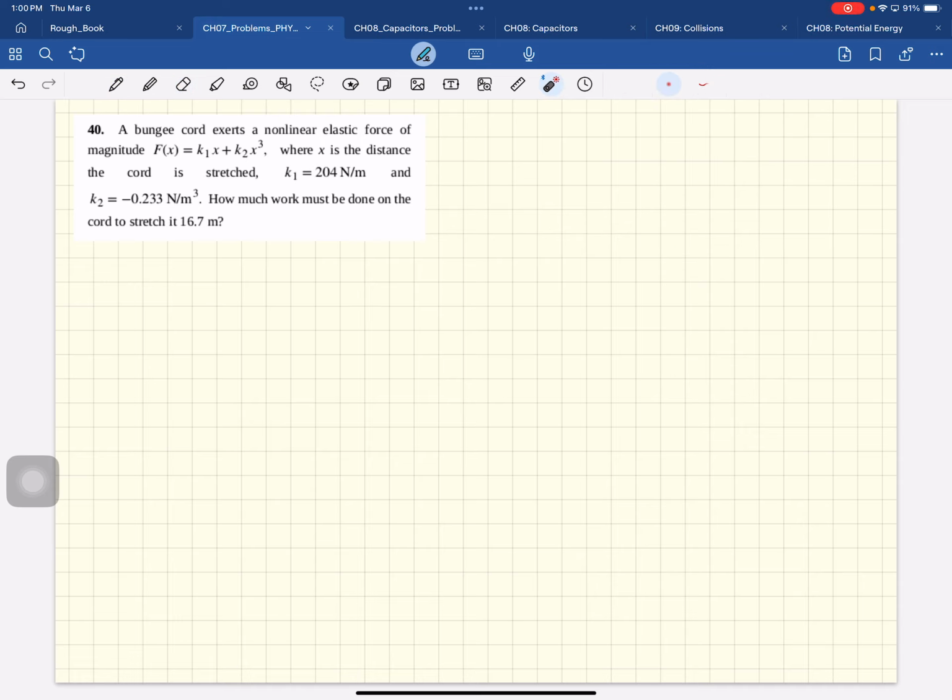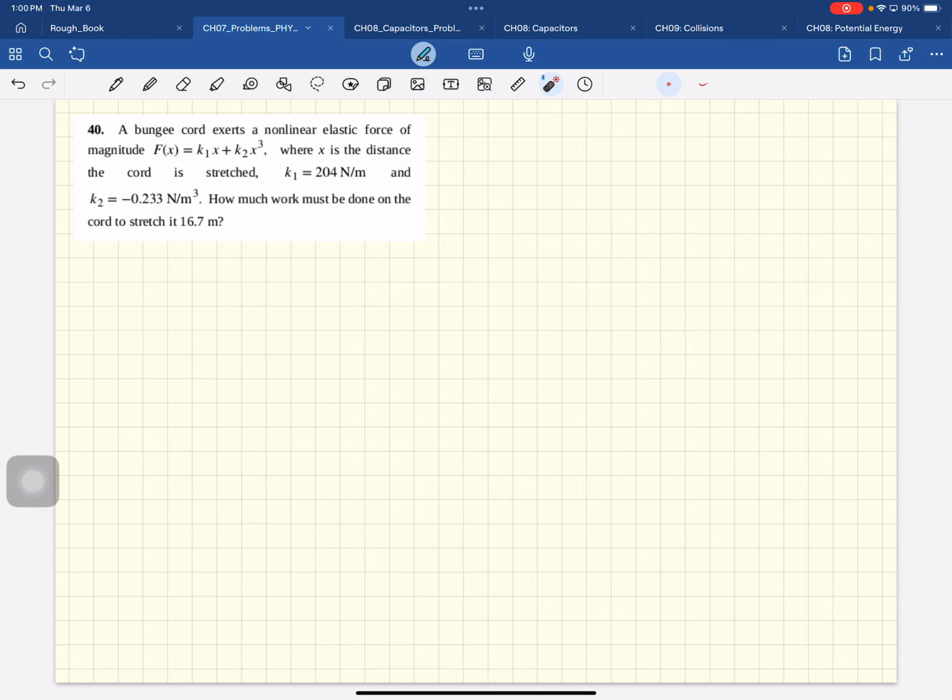Okay, so there you go. So the bungee cord is exerting an elastic force like that. There is the nonlinear term. For small deformations, this term generally is smaller than this, and it behaves like a spring. And K1 for this bungee cord is that, and K2 is that.